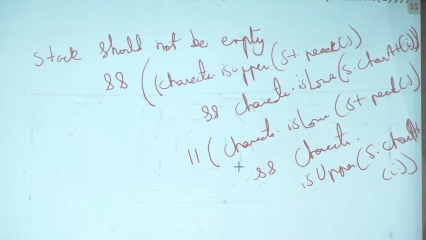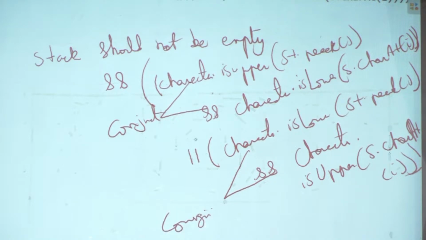Yeah, this should close, then this should close. Okay, we have to match the parenthesis carefully. If this condition is true, stack should not be empty, and either this condition, or this is a conjunction. This is called the first conjunction, and this is the second conjunction. This is conjunction 1, this is conjunction 2, and this is called a disjunction, correct? So if either of these two conjunctions is fulfilled, then we are fine, we can pop. So then we should say st.pop.